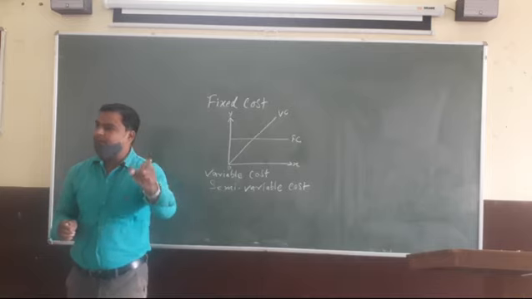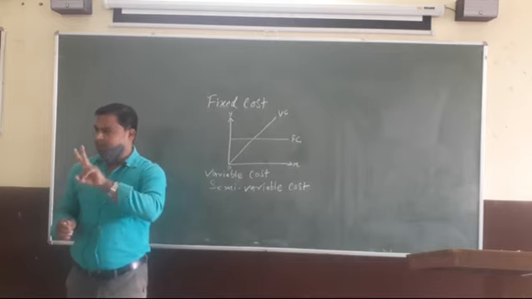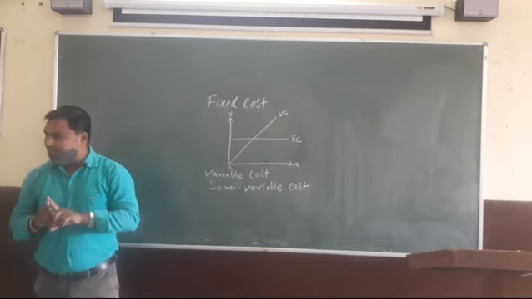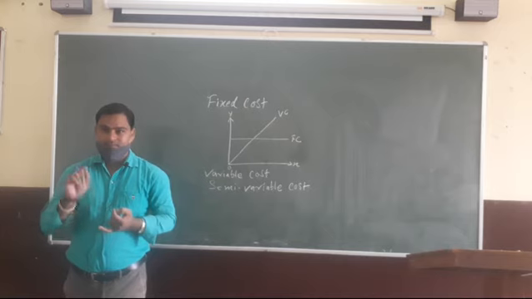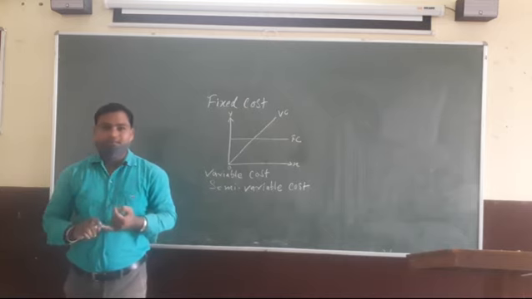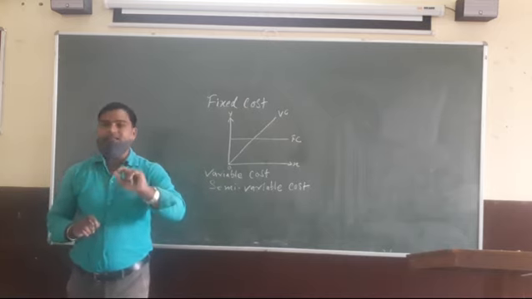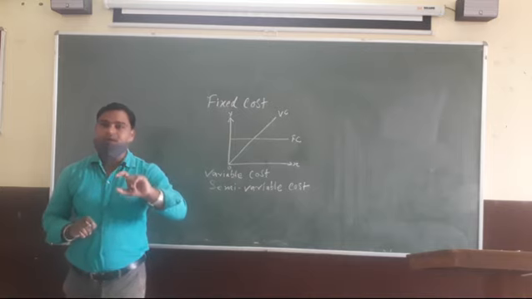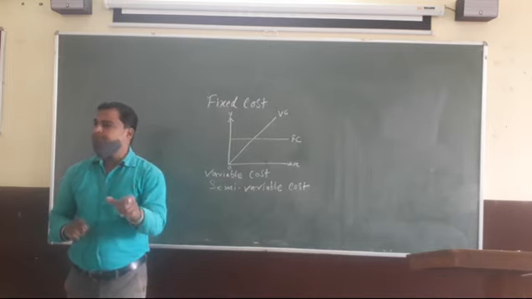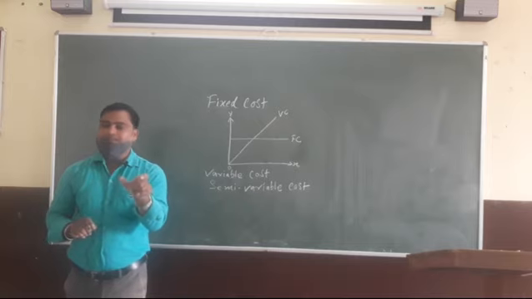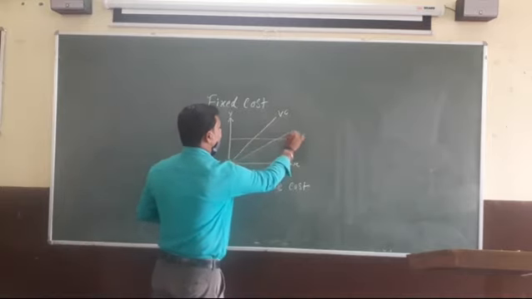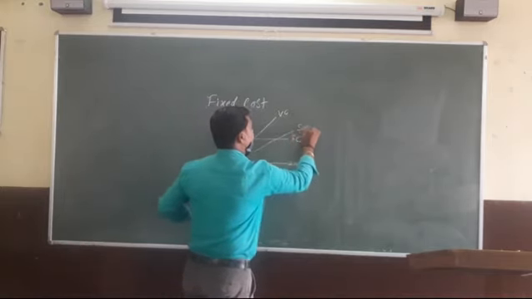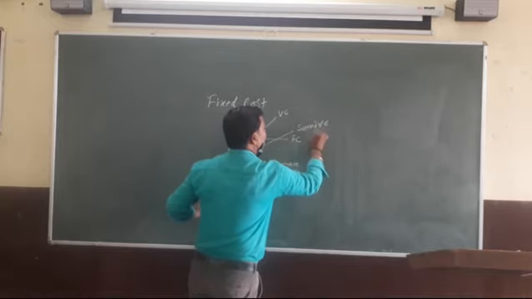So for 100 kilometers you need 2 liters of petrol, right? But at the same time you also use lubricant, oil, right? It does not increase or decrease in the same proportion as the petrol or direct material. Okay? So it is known as semi-variable. It will be like this, semi-variable cost. Okay?